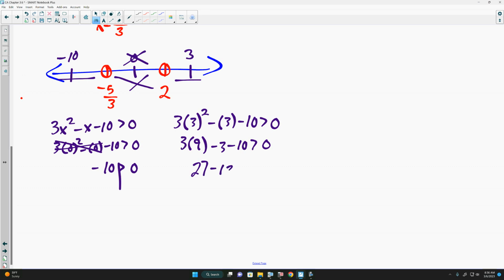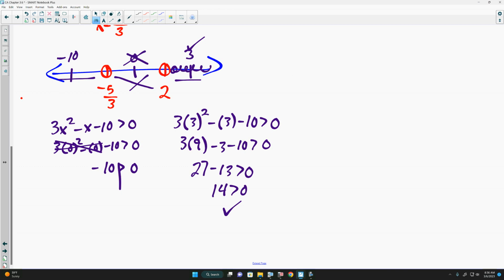Negative 3 minus 10 is negative 13. Is 14 greater than 0? Yeah, so that's part of our solution. So that means everything on that side of 2 works, which means anything bigger than 2 will be a solution.